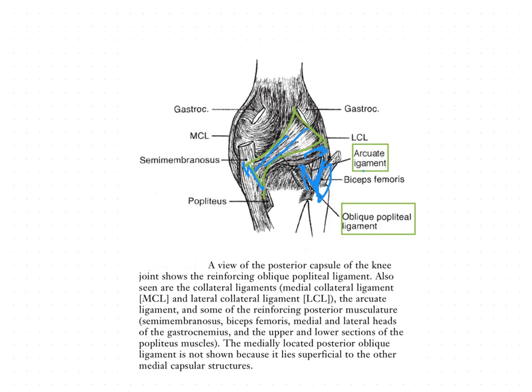Some of the investigators also found some contributions by these structures to checking varus and valgus stresses and providing secondary restraints to other tibial motions. So these are all about the knee joint ligaments except the cruciate ligaments. The cruciate ligaments we are going to discuss in the next session. Thank you.